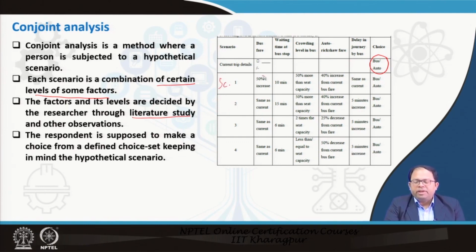Scenario 1 is if I increase the fare by 50%, if we increase the waiting time by 10%, or make the waiting time just 10 minutes, if I make the crowding level 50% more than seat capacity, if the auto rickshaw fare is a 40% increase from the current fare, and if the delay remains the same, which one will he choose?